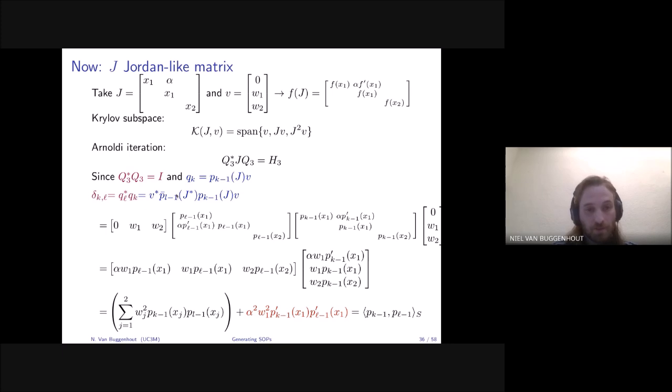So V star times a polynomial in J star times a polynomial in J times V. And if we write this out, we see all the way at the bottom that we get one part, which is an inner product of our polynomials themselves, and one term in red, which introduces the derivatives of our polynomials. So a Sobolev inner product, in other words.